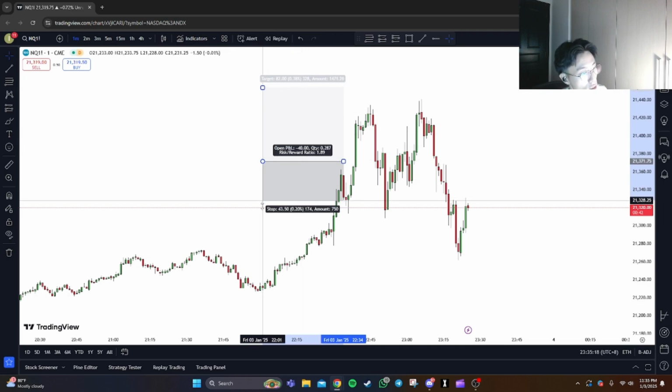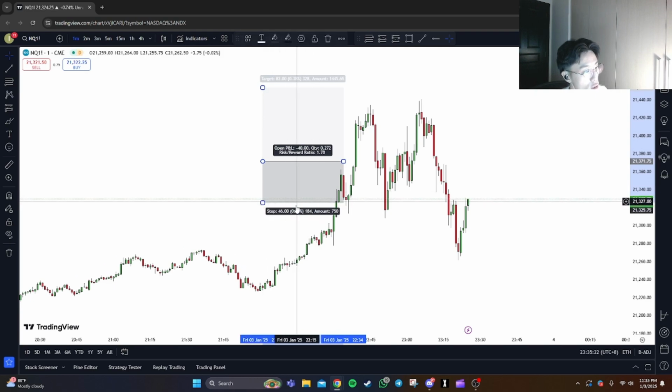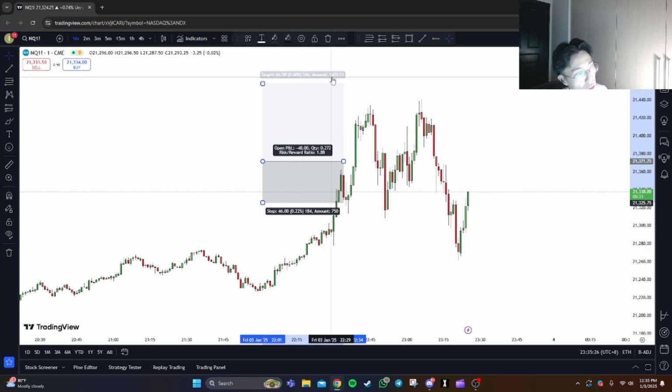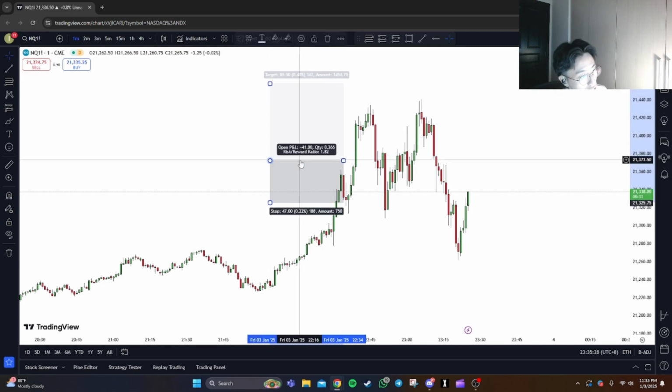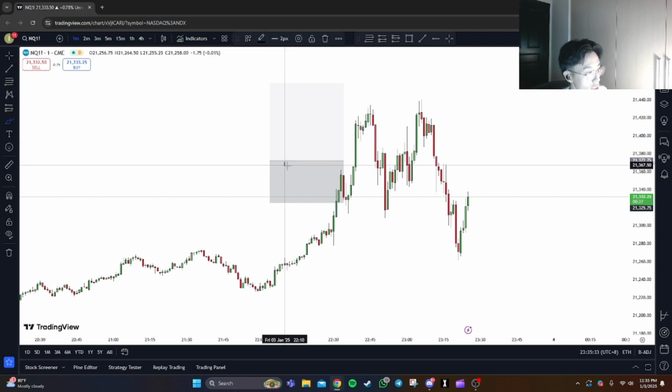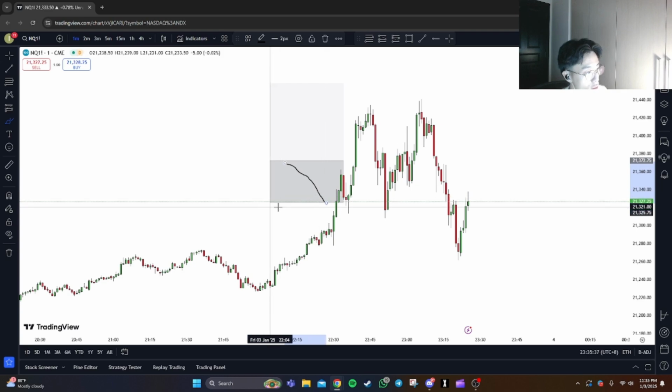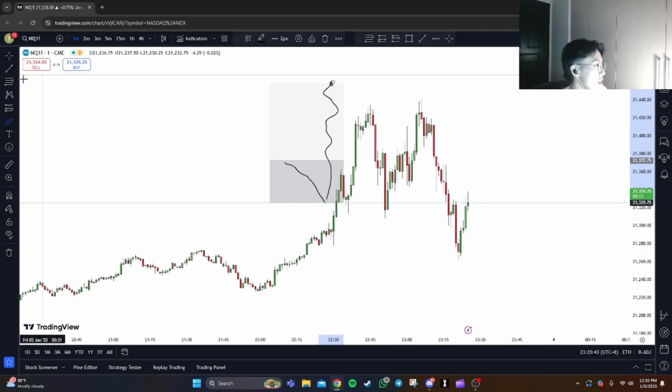Okay, so a stop loss is essentially like a safety net on how much you can lose in one trade, and your take profit is essentially how much you can make. So let's say I enter here. If price moves down like that and hits this, I will lose a set amount of money. So that's a stop loss. And let's say price moves up here and hits this point, I'll make a set amount of money.